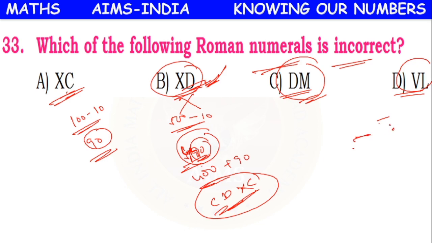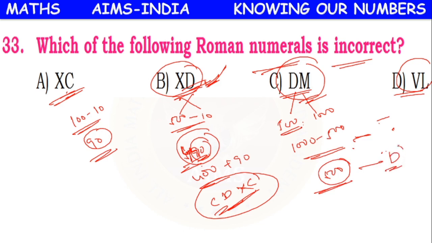D stands for 500. M stands for 1000. So the smaller number is coming first, so we have to do subtraction. 1000 minus 500 equals 500. But for 500, only symbol D is enough. 500 is represented by D, not by DM. So this is also incorrect.